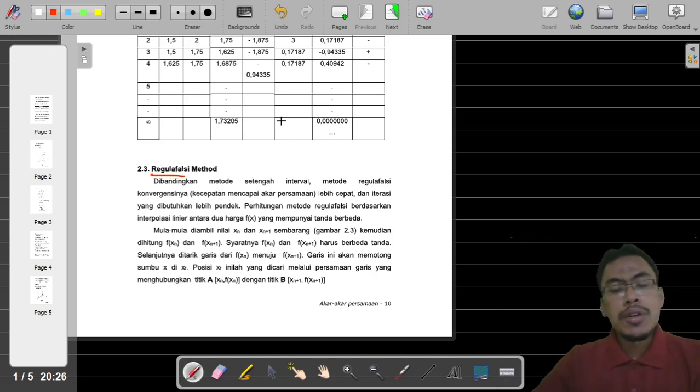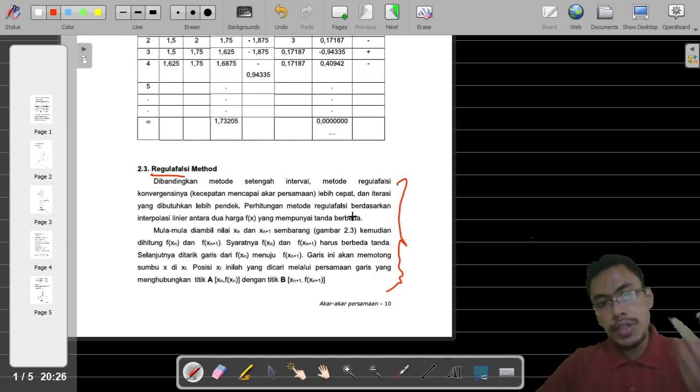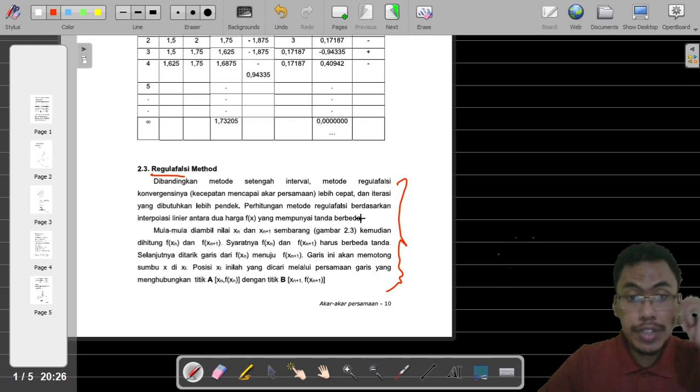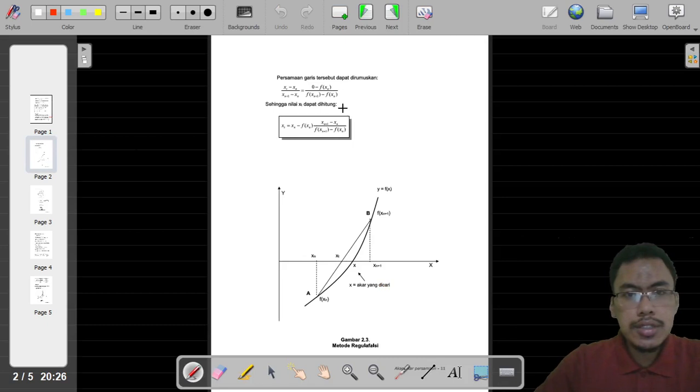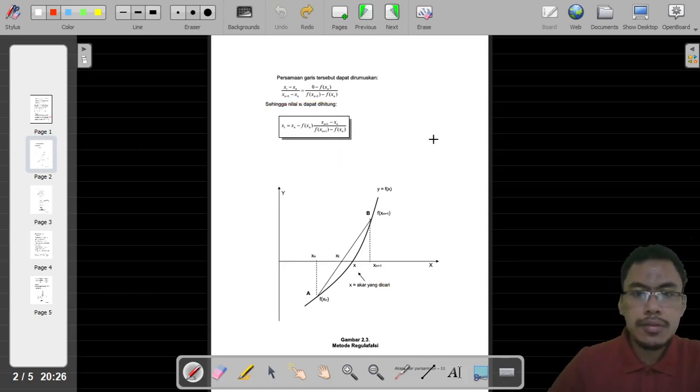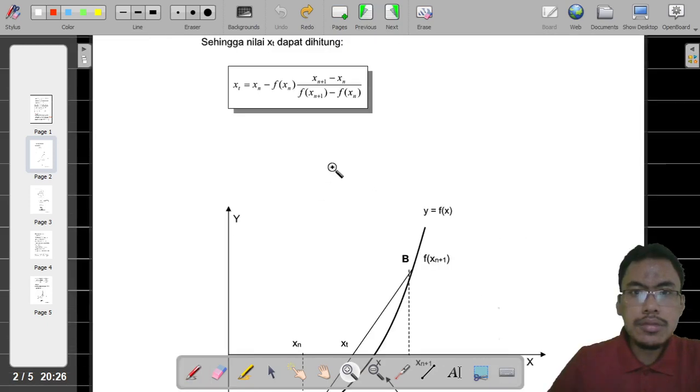So this is the theory that you can just read if you want. But the point of this paragraph is this.